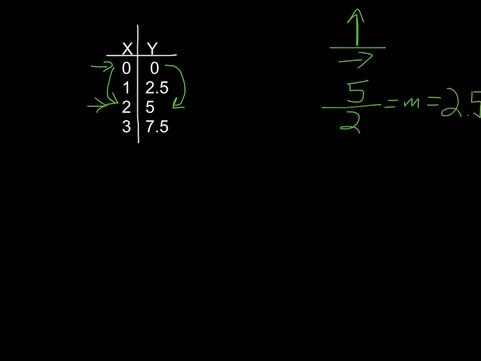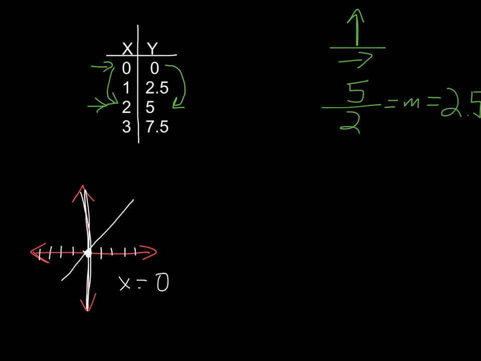How do we figure out the y-intercept, though, if we can't see it? Well, if you think about a graph, where the line crosses the y-axis is going to be where x equals 0.